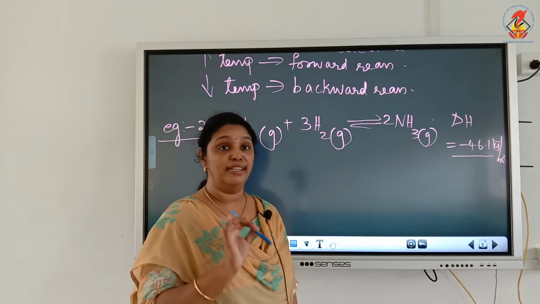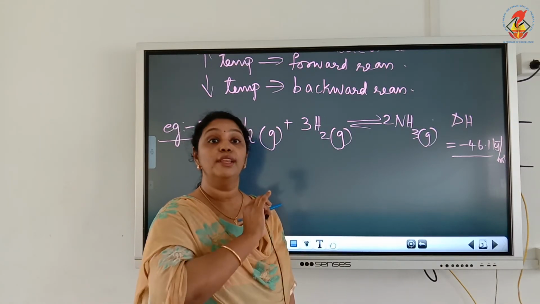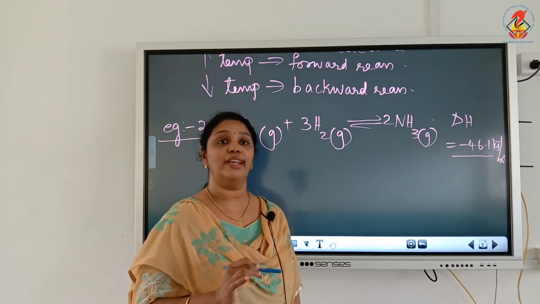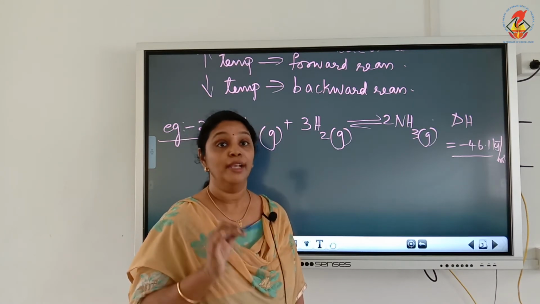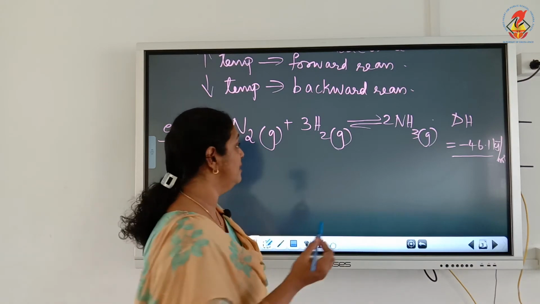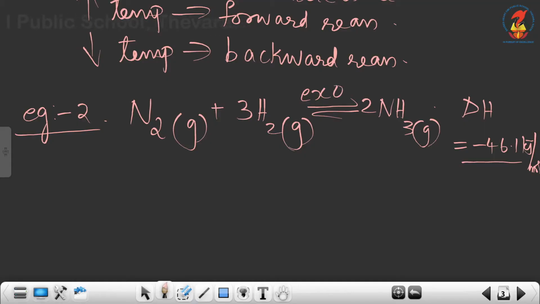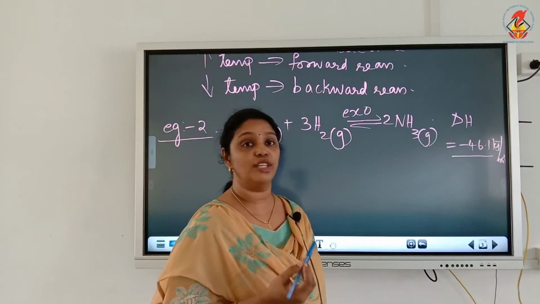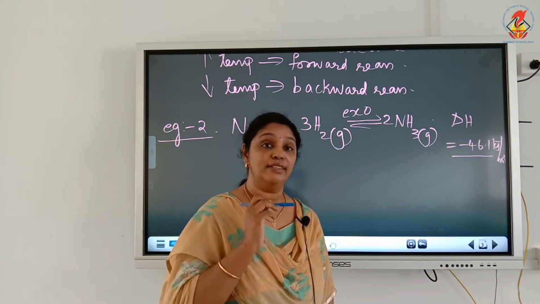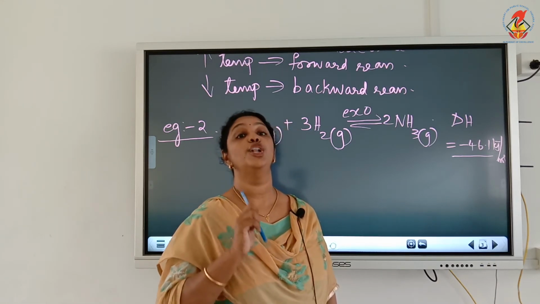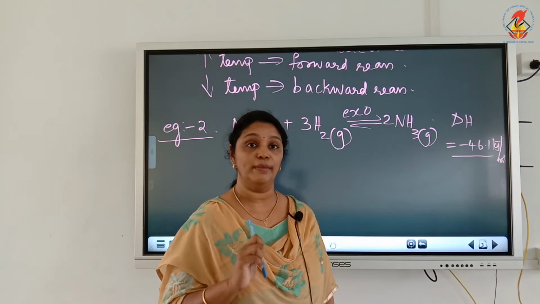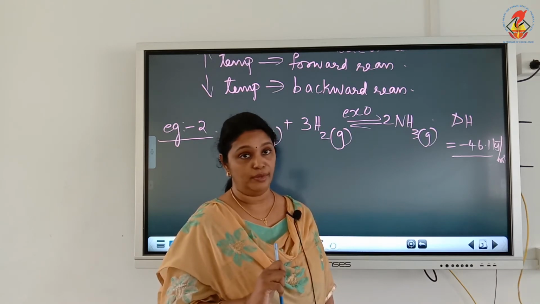So what do you understand for this reaction? The forward reaction, the formation of ammonia from nitrogen gas and hydrogen gas, is exothermic, and it takes place at low temperature because exothermic reactions take place at low temperature.